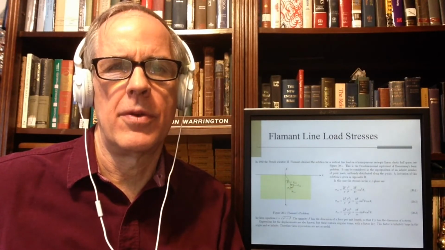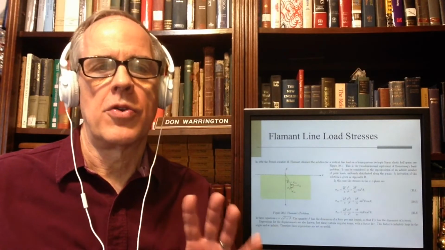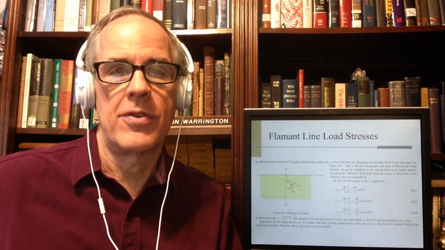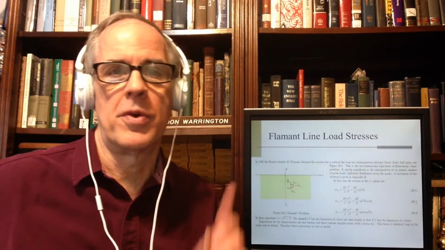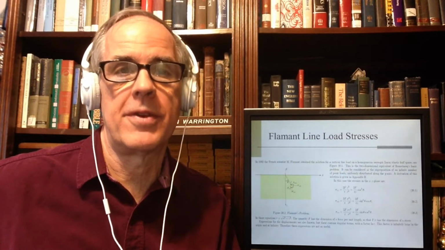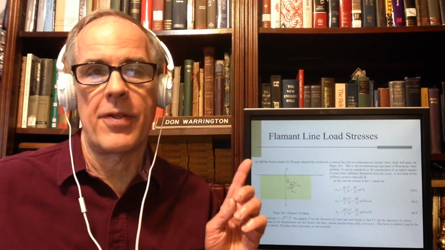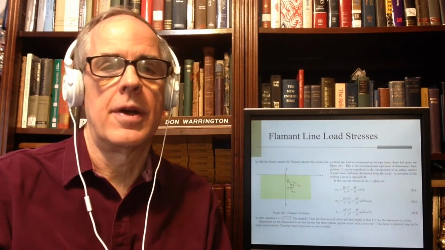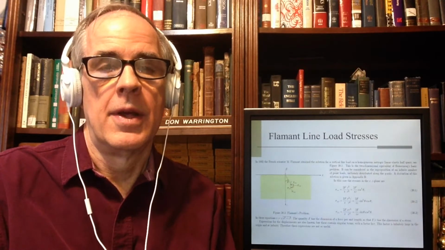That's really kind of the problem with this particular one. If you do them in a strictly Cartesian coordinate system, the equations are a mess. If you do them in a polar form like he does here, or cylindrical more accurately, then the equations are simpler, but the geometry is a mess. So he's got this laid out this way, and I'm going to stick with that. These are very useful. We're going to see these again, particularly when we get to retaining walls.